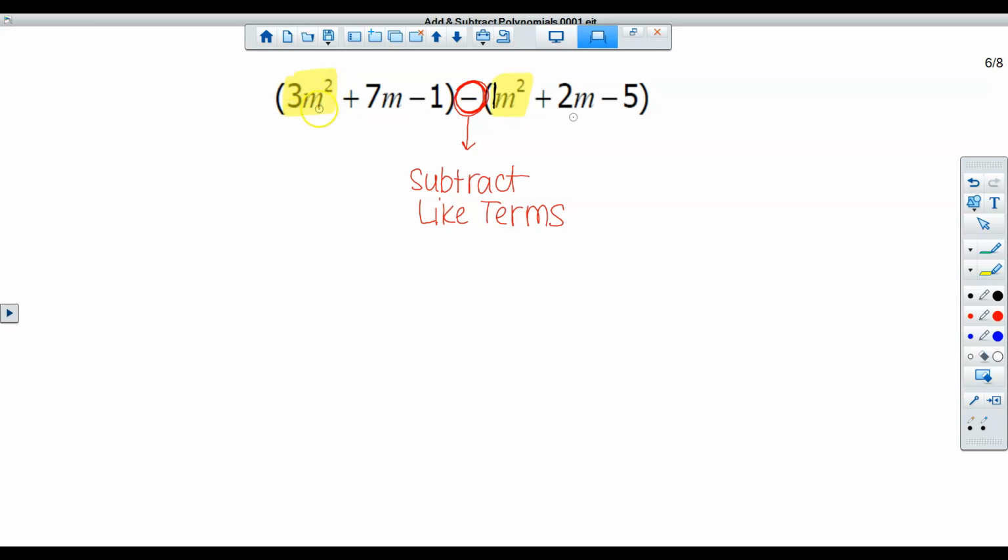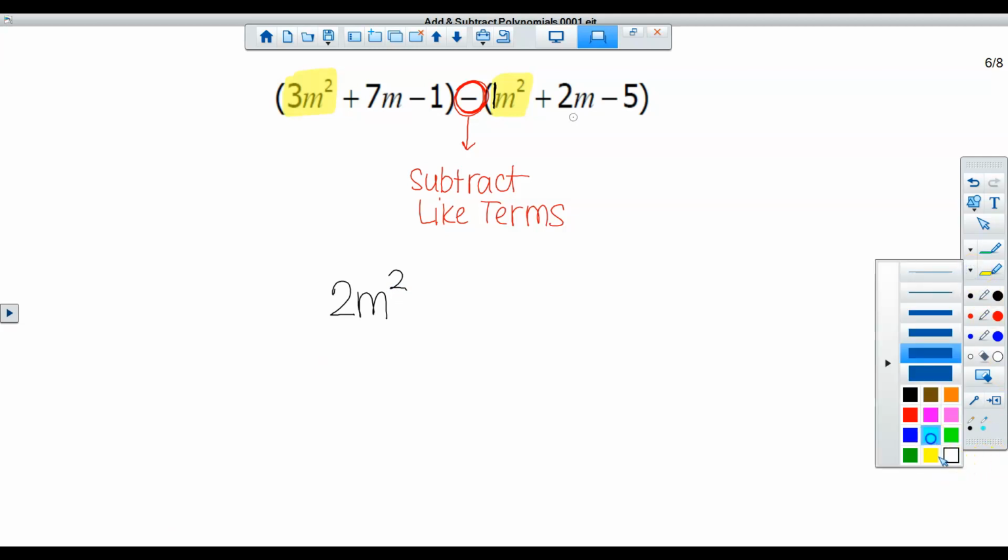So I'm going to do 3m squared minus 1m squared. So it's 3 minus 1. I know that 3 minus 1 is 2. And since both of those terms end with m squared, I had better put m squared behind that 2. So notice, the only thing that's changing on this problem is that I am now subtracting the numbers instead of adding them.